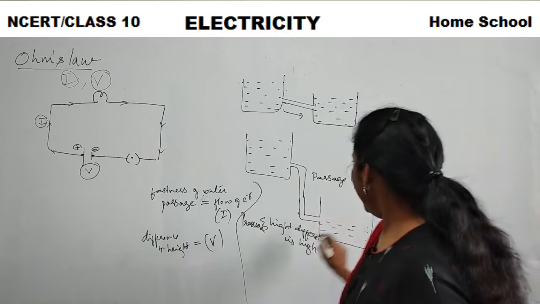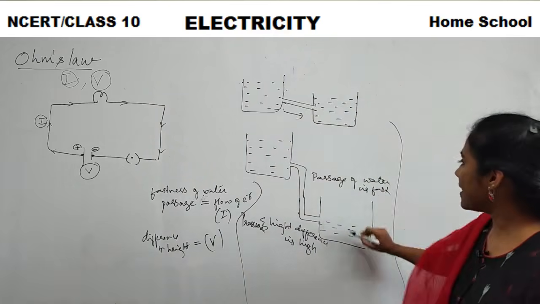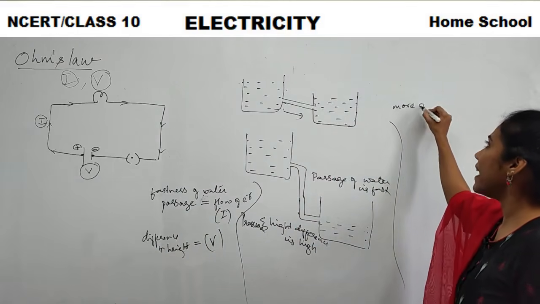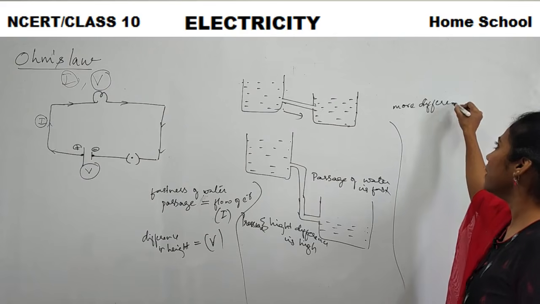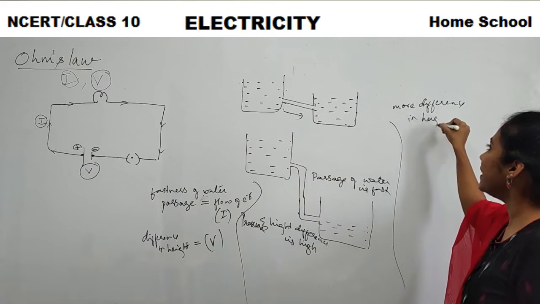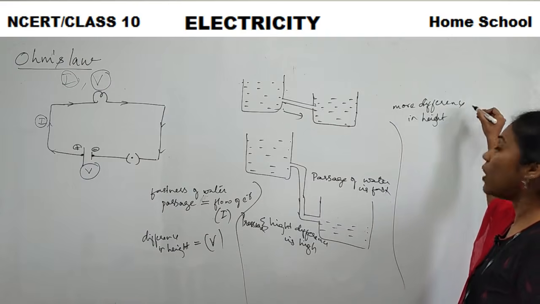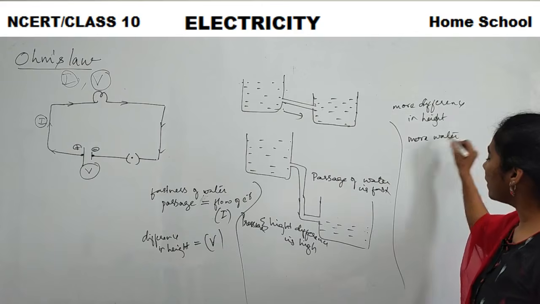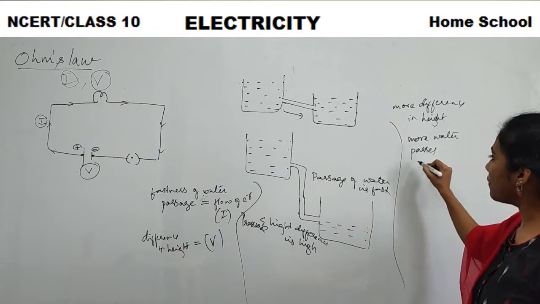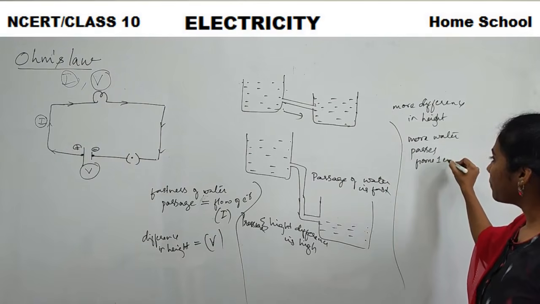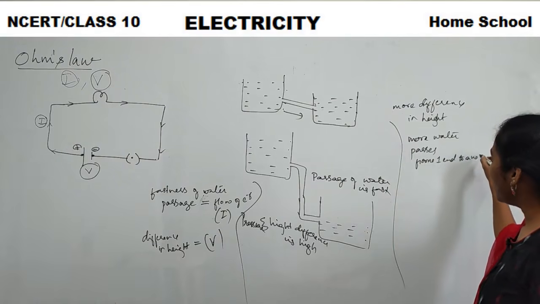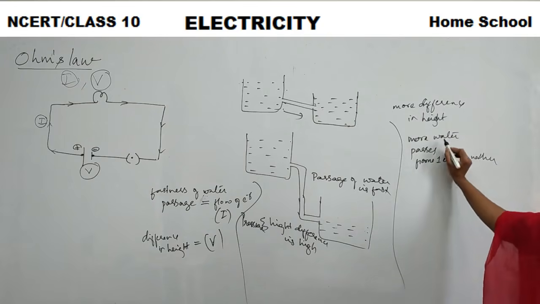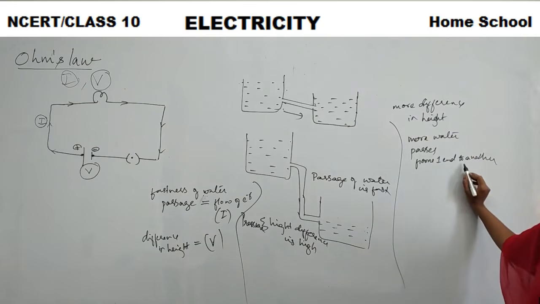See now, definitely with this example, I can say if you can create more difference in height, more water can be passed. Yes or no? More water passes from one end to another end. So what I can write here: more the difference in height, more the water passes from one end to another end.